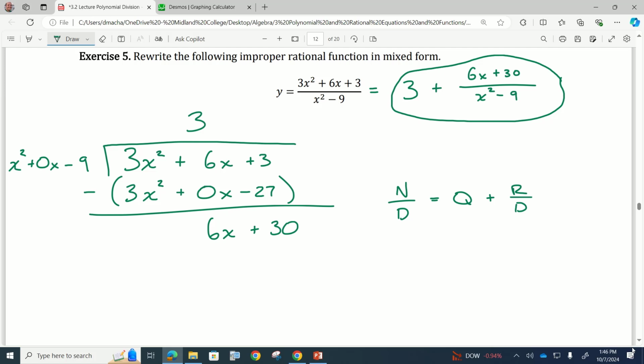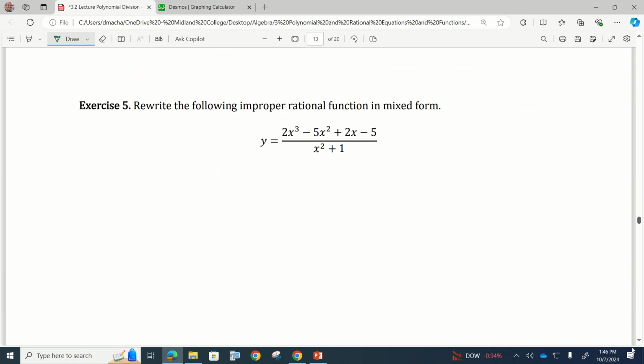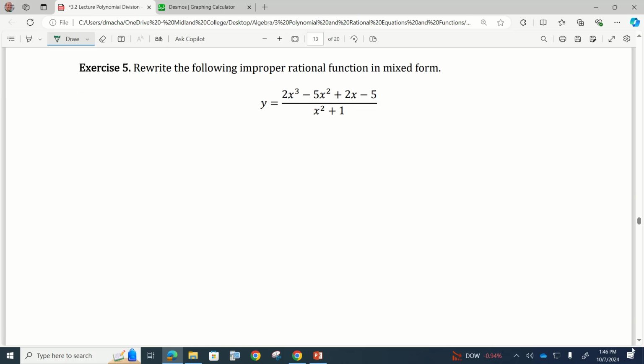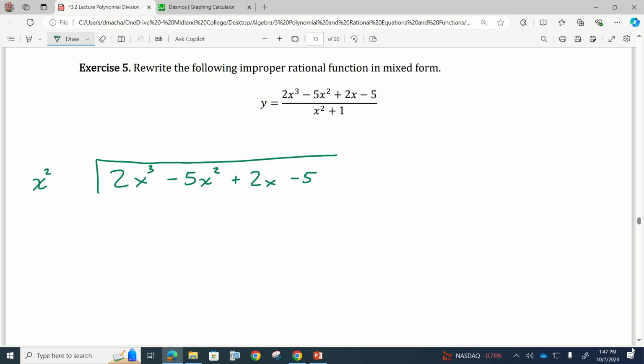Questions about that one? All right, one more of these before we move on. So this is our last polynomial division example. I've got 2x cubed minus 5x squared plus 2x minus 5. And I'm going to divide by x squared plus 0x plus 1.